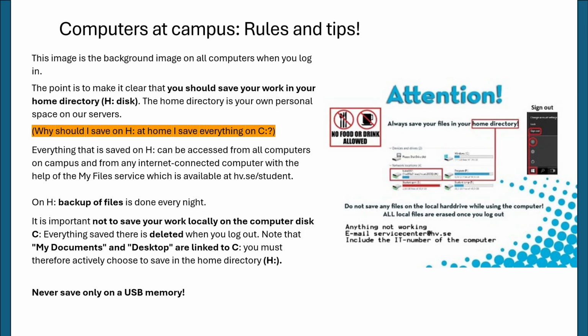We advise you not to save your documents or your work on the local disk C, because when you log out from these computers, everything will be deleted. So it's very important that you remember this point.